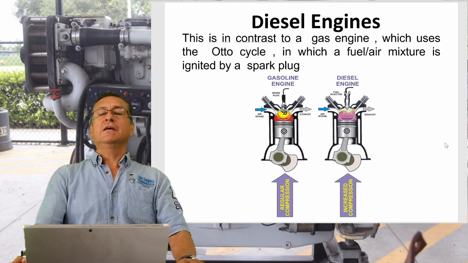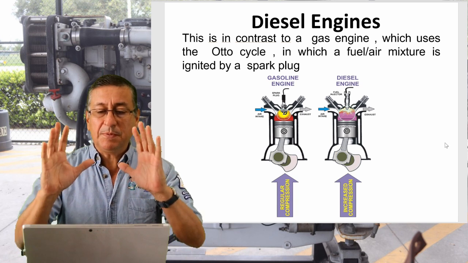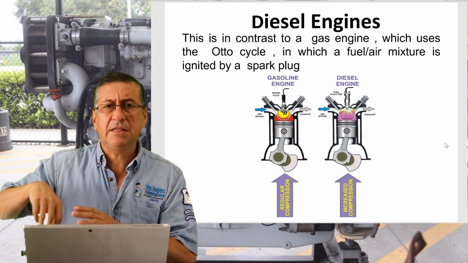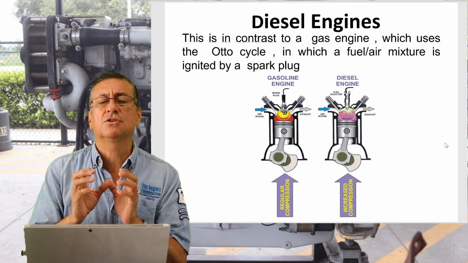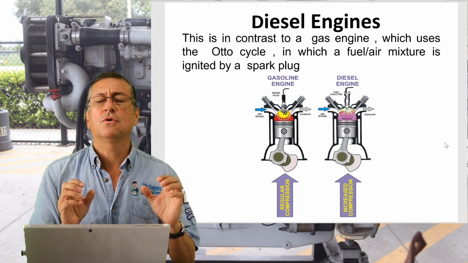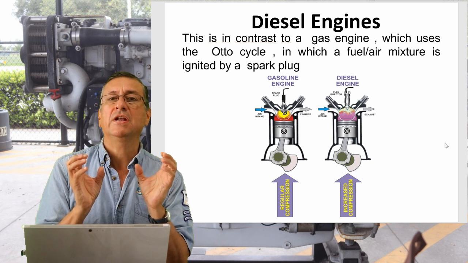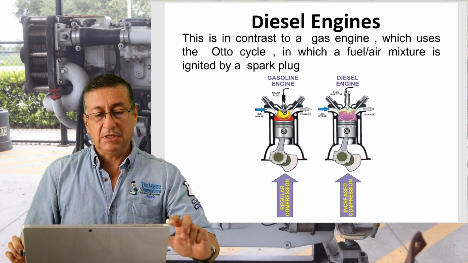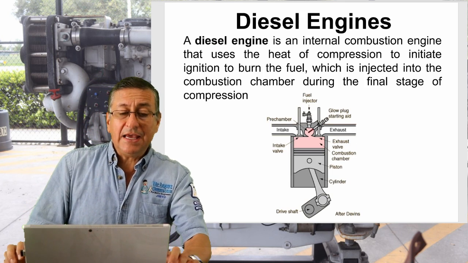All right, my friends? Let me explain something. In general terms, later in a couple of minutes, we are going to talk about the stroke, but right now, only to understand the main difference between the gas engine and the diesel engine.